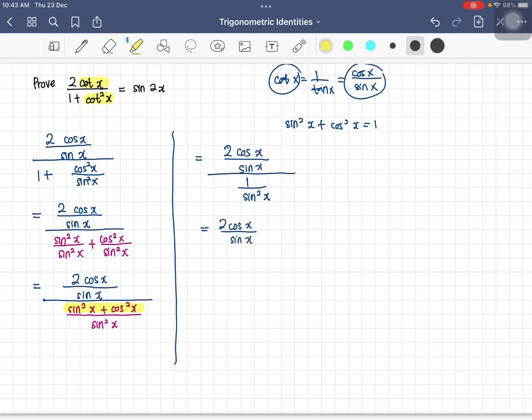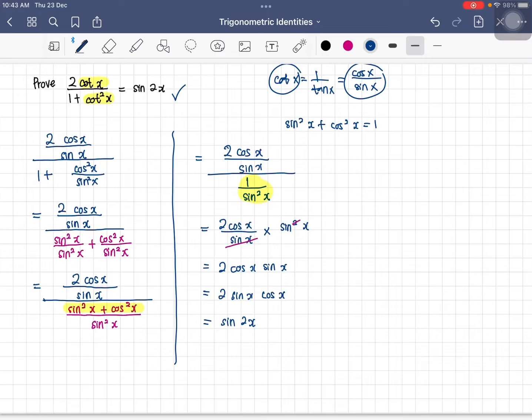Instead of division, I'm going to write it as multiplication, and then invert it to become sine square of x. Now we know that we can cancel, so the square becomes sine of x only. So we are left with 2 cos of x sine of x, or you can even write 2 sine of x cos of x. So this is actually sine of 2x. All right, so we have proved this one.